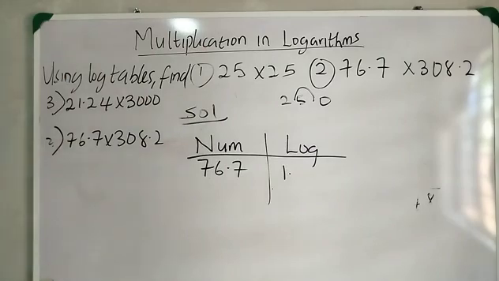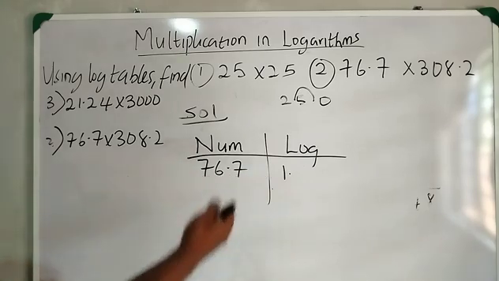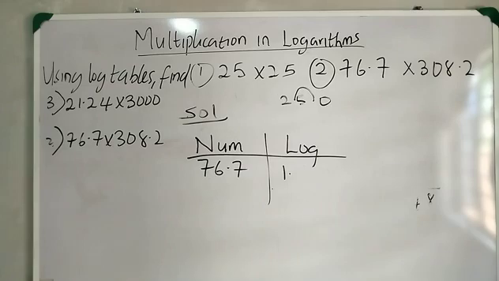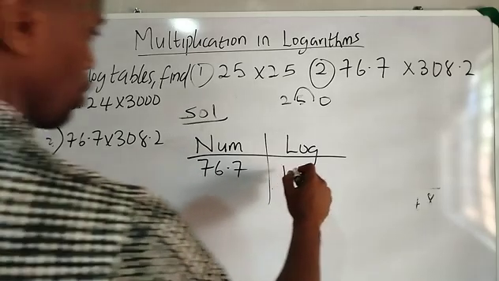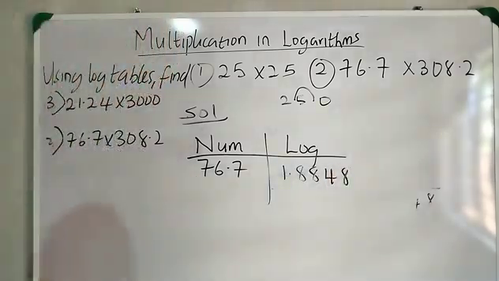And then we go to our logarithm tables to look for the logarithm of 76 under 7. You take note, there's no fourth number to be a difference. So we don't have anything like difference 2, difference 3, because we only have 3 numbers. So those 3 numbers we got 76 under 7. And when you check that in your logarithm table, 76 under 7 is going to give you 8848.